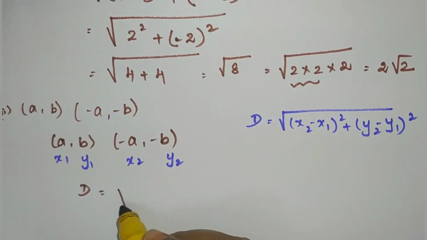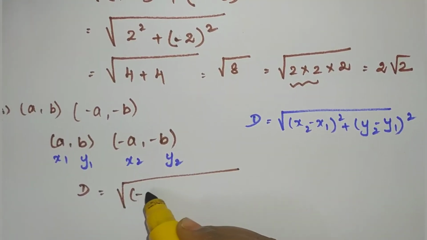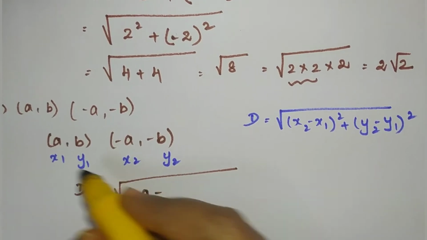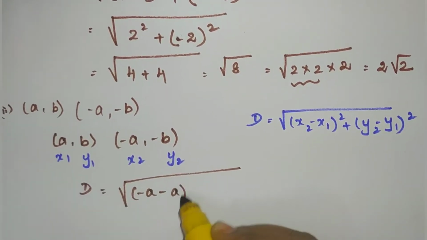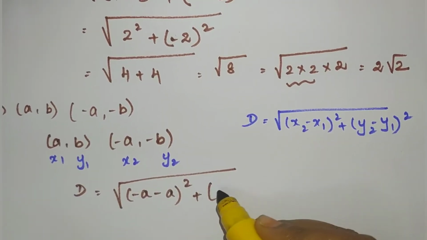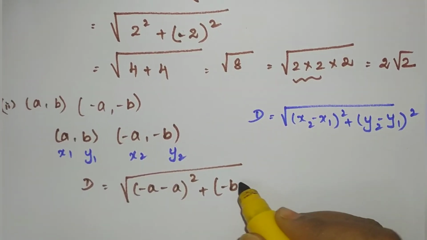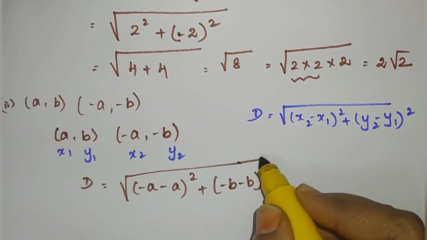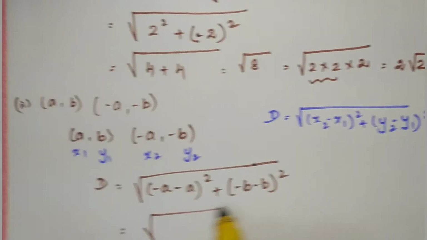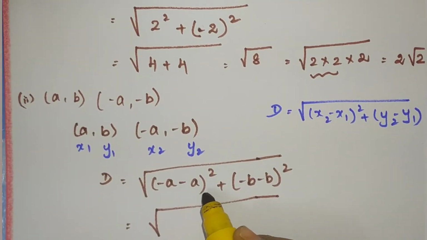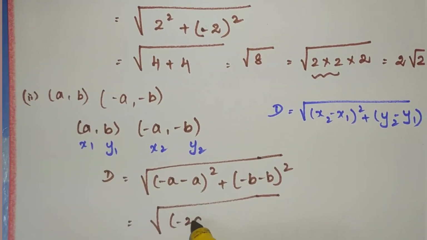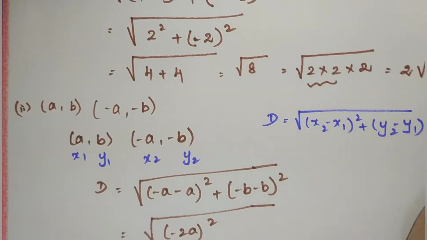D is equal to root of x2 is minus A, x1 is A, the whole square plus y2 is minus B and y1 is B, the whole square. So minus A minus A will be minus 2A the whole square.